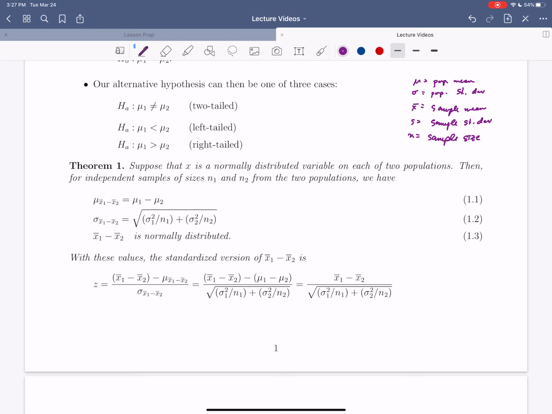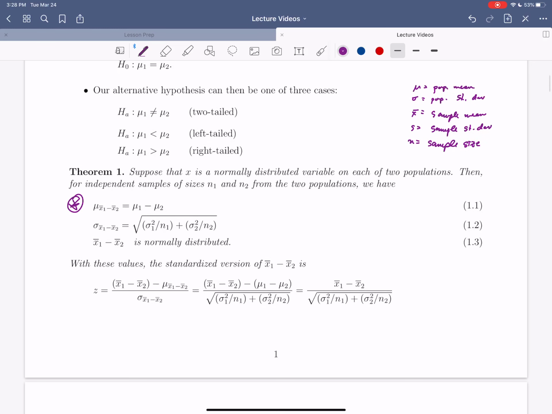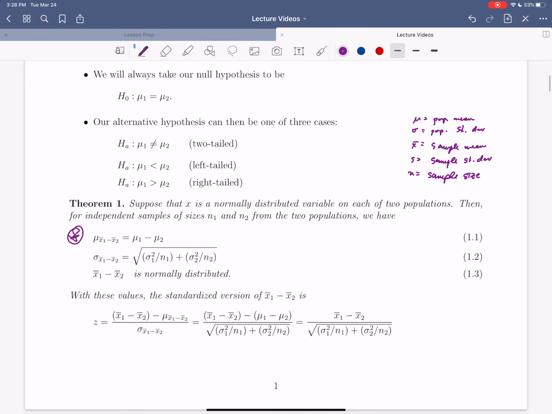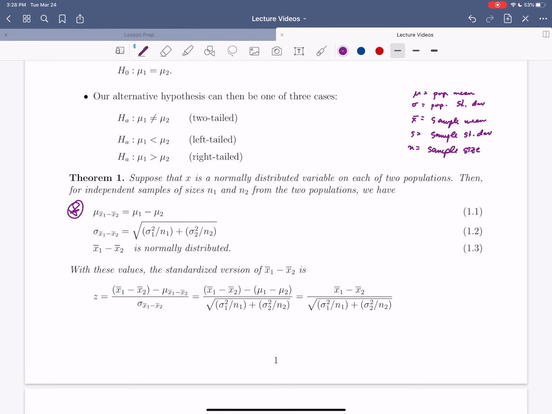It turns out that under our hypotheses, if x is a normally distributed variable, then the mean of the differences... this is a little bit of a setup here. Remember what we're doing is we have two populations. We want to know, are their means equal or not? We want to know, is mu1 equal to mu2?